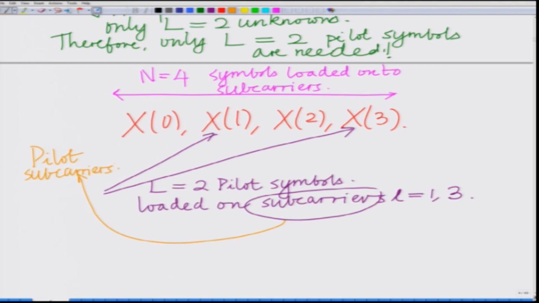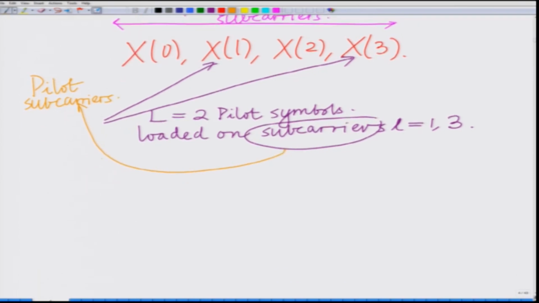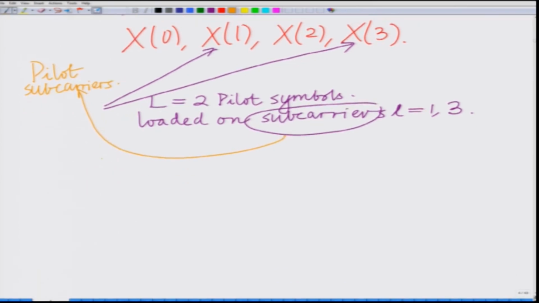These subcarriers which are loaded with the pilot symbols are known as the pilot subcarriers.